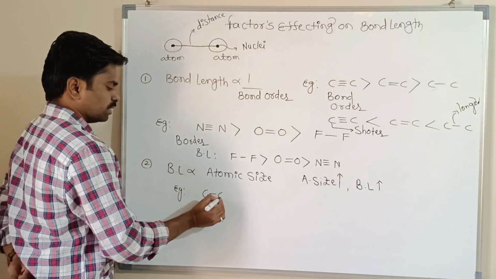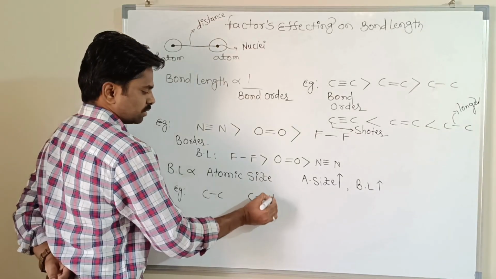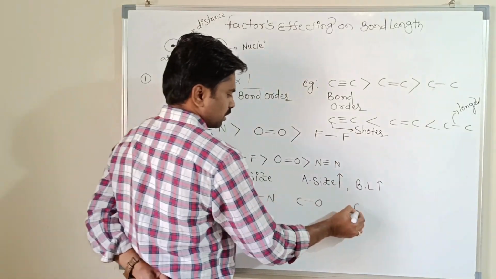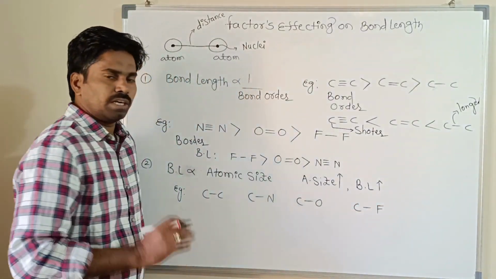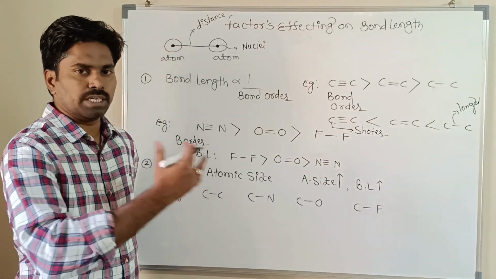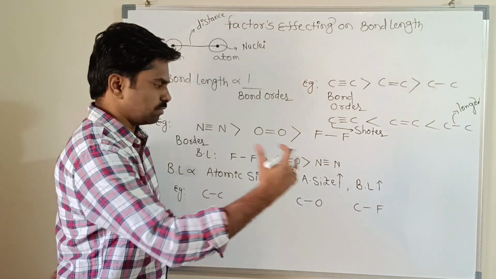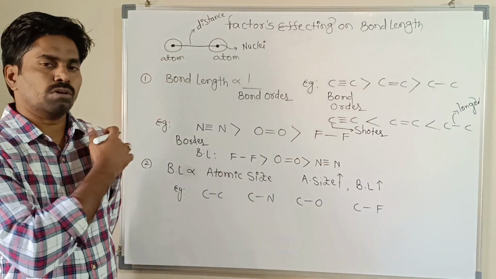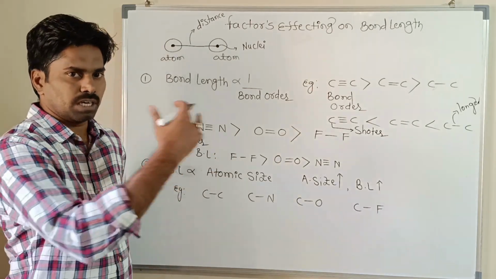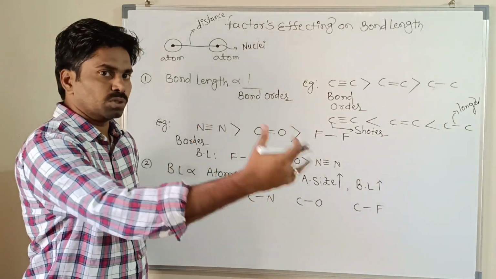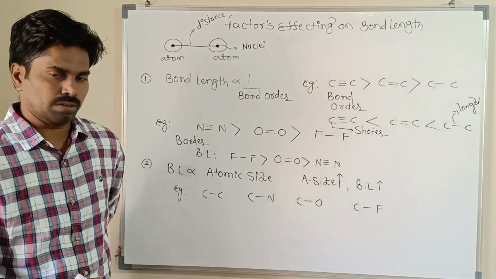So we know very well carbon and nitrogen, carbon and oxygen, carbon and fluorine. In the periodic table, from left to right, the atomic size decreases because the outermost shell electrons are pulled into the inner orbital.